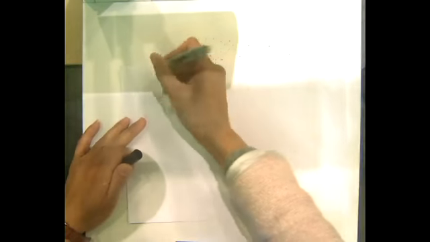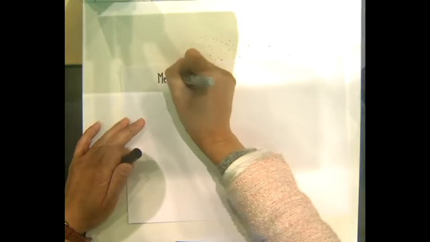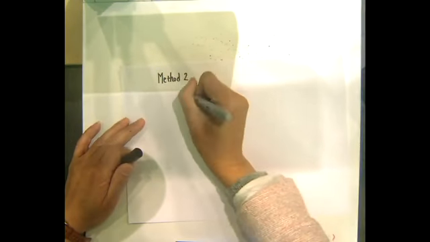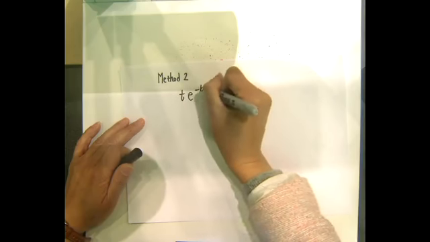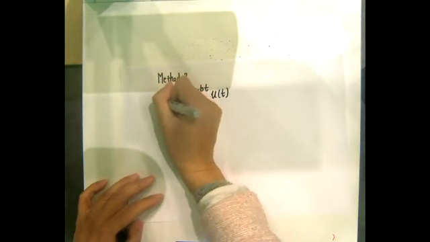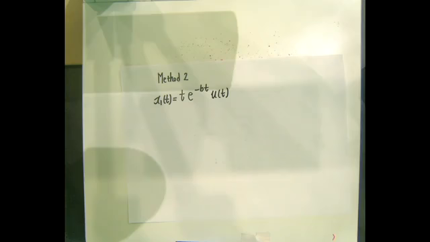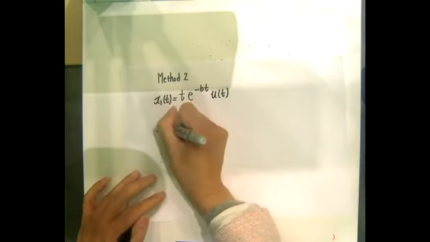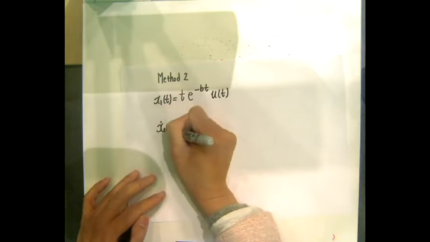Okay. So the method: still t e^(-bt) u(t). And I call this one my x1(t), okay? And I will take the derivative of my x1(t).